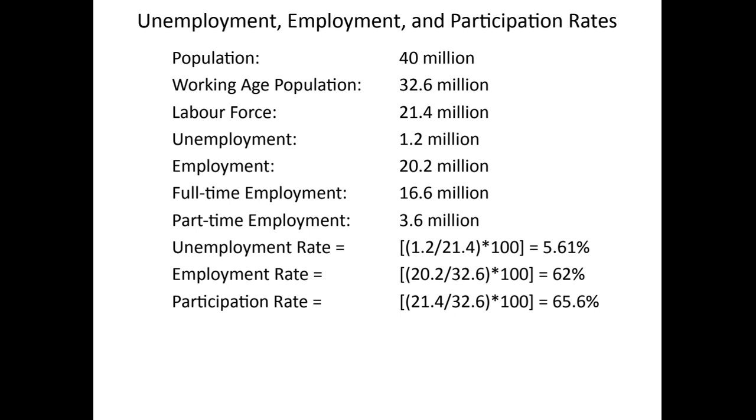That is, 65.6% of the working age population, who are 15 and above, and not in armed forces or living on reserves, are actually in the labor force. That is, they are either working or they're actively looking for employment. So this is how we calculate the unemployment rate, employment rate, and participation rate.